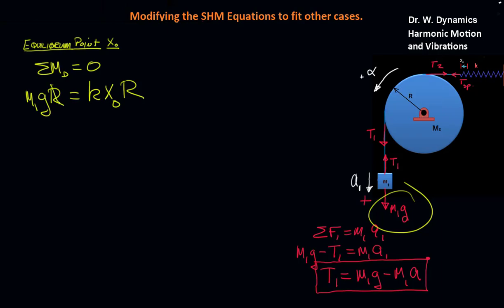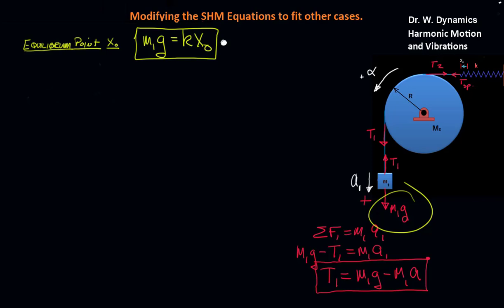The R's go, and we find that m1g is equal to k x0. That's an equilibrium condition, which is useful because it relates the weight hanging down below m1 with our spring on top. Now let's pull the drum forward some delta x value and release it, and it'll begin to oscillate up and down over time.